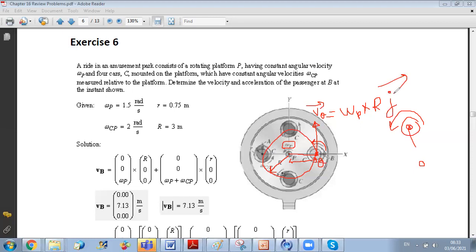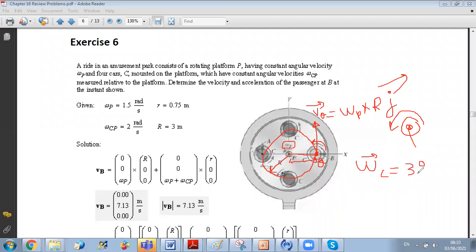So now I know the velocity of the center, okay, and I know the total angular velocity of the body, omega of the car is equal to 3.5 k.